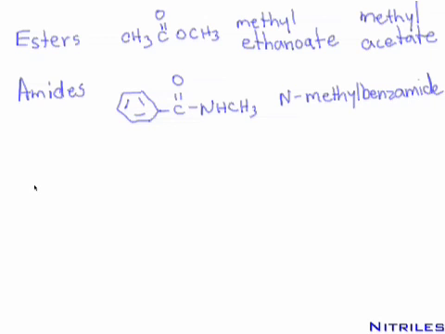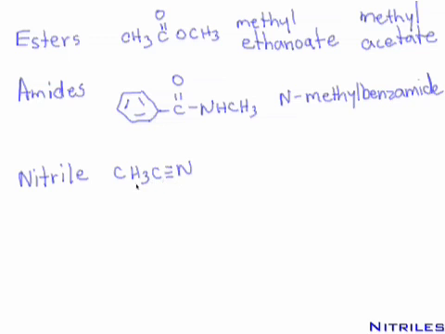The last functional group that is a carboxylic acid derivative is a unique functional group. It is the nitrile functional group. It is different from all other carboxylic acid derivatives because it does not have the C double bond O. Now, in some cases, the IUPAC nomenclature is taken by adding the word nitrile to the alkane root.